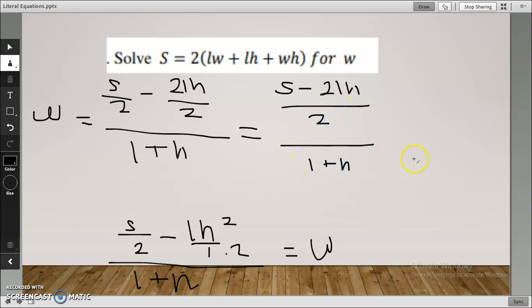So now I still have two fractions, right? Don't want to leave it like that. So again, we're going to keep the top term. So that's s minus 2lh over 2. Change this division to a multiplication. And change this, because this is an invisible over 1, I'm going to flip it. So it's going to be 1 over l plus h.